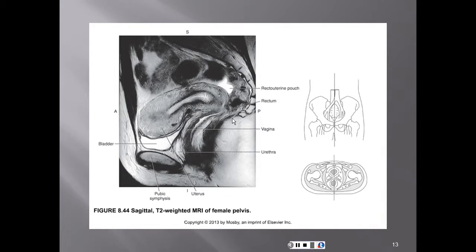Sagittal T2 weighted MRI of the female pelvis. Page 515. So here we want to clearly identify the uterus. 100% know the uterus, 100% know the bladder, 100% know the vagina.